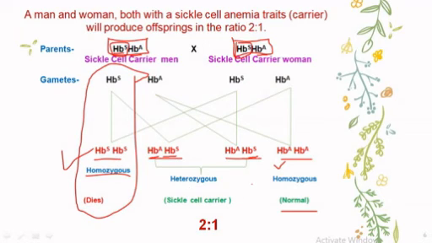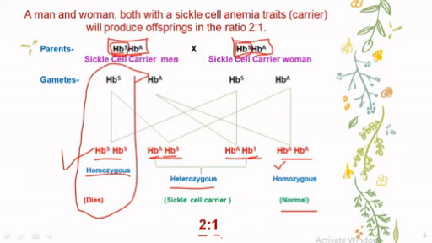3 offspring are formed, out of which 2 are heterozygous carriers for sickle cell anemia, in the ratio 2, and 1 which is very normal, it is having 1. So the ratio becomes 2:1 instead of 3:1.